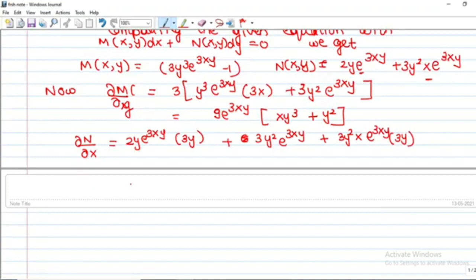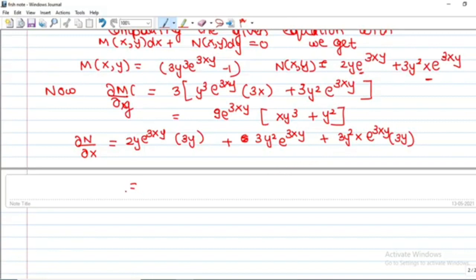Finally, I see this term and this term are the same, and e^(3xy) is common, so what are we left with?